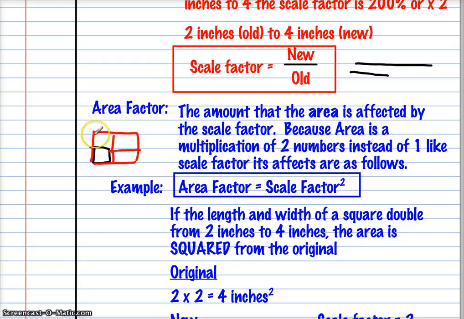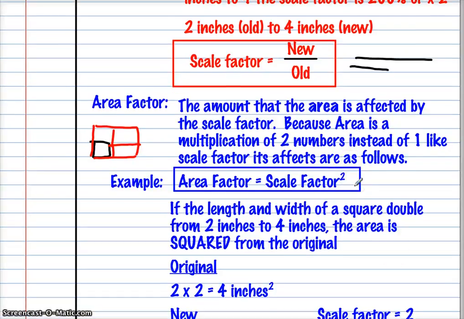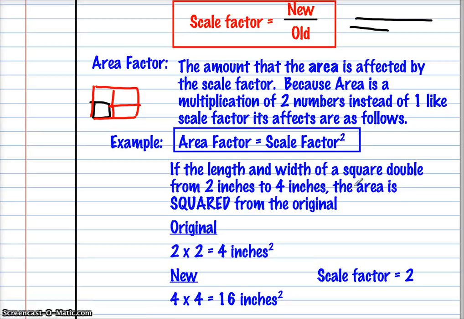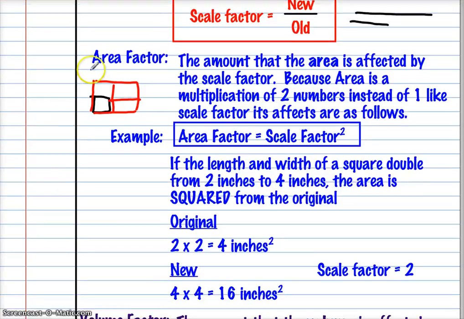In this case, we doubled it, so it becomes 4 times. If I tripled it, it would be 9 times. So it's my scale factor squared. So in this case, it's scale factor of 2, so it's 2 squared. If it was a triple value, then it'd be 3 squared or 4 squared, etc.